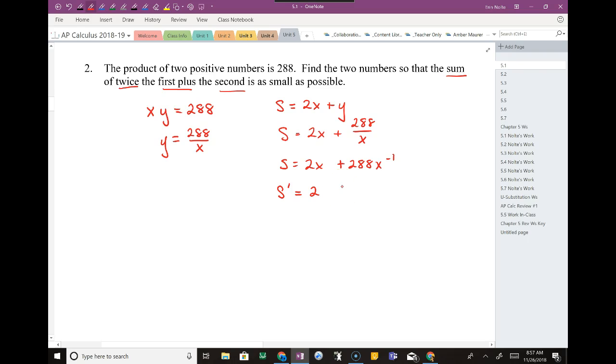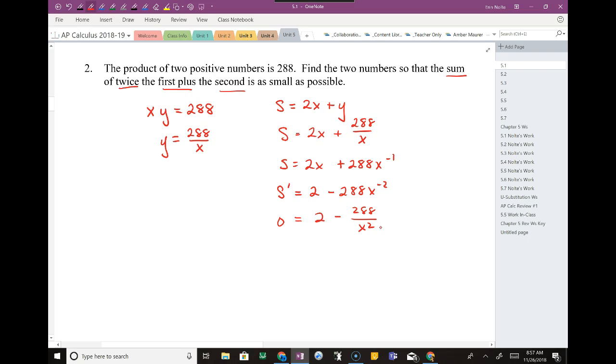And what is the derivative of 288x to the negative first? Good. Now to optimize, I'm going to find my critical values. How do I find critical values? Set it equal to 0. And I'm going to throw that x squared downstairs.